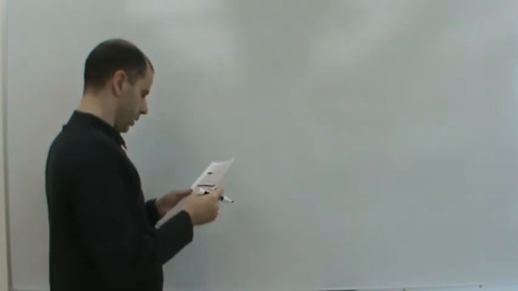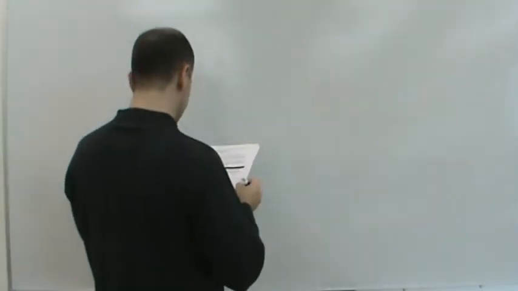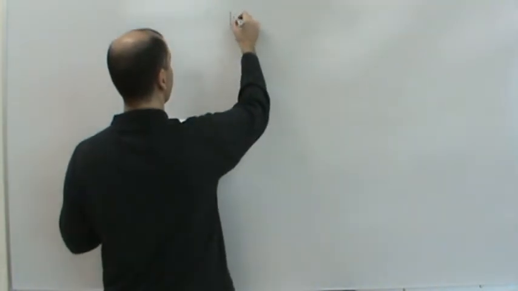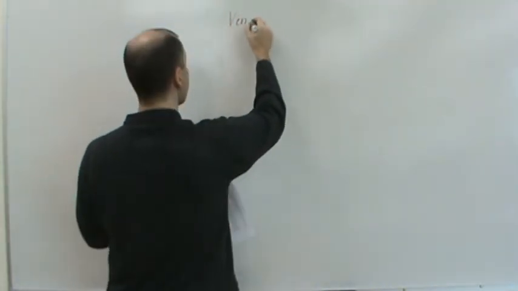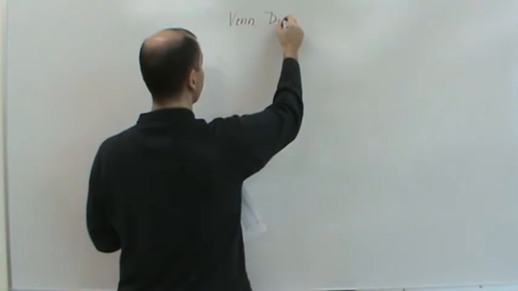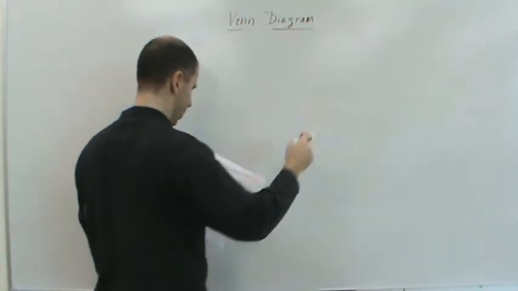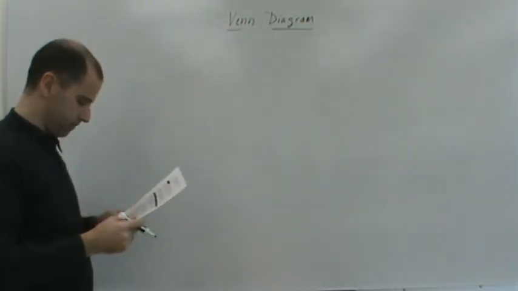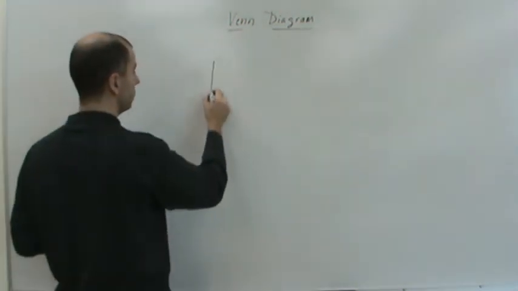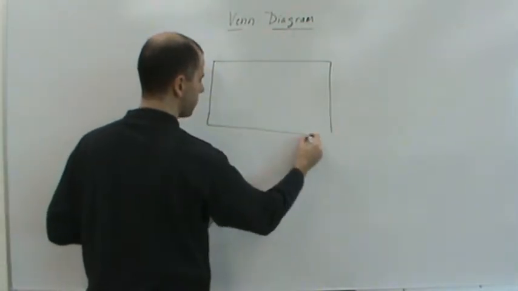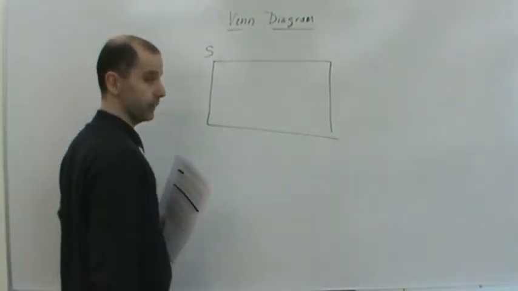Okay, so let's see here. So we start with our Venn diagram with a rectangle. And the rectangle represents our sample space, all possible outcomes.